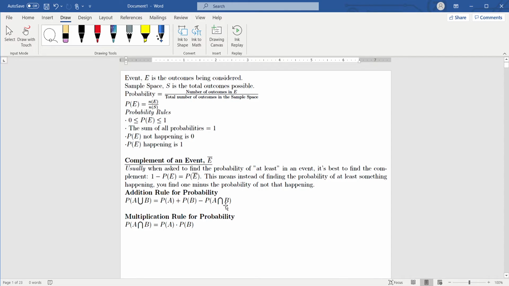So when you see this upside down U, that is called an intersection, a symbol for intersection, and refers to the word and. The multiplication rule, probability of one thing and another: you take probability first, probability second, and just multiply those two together.